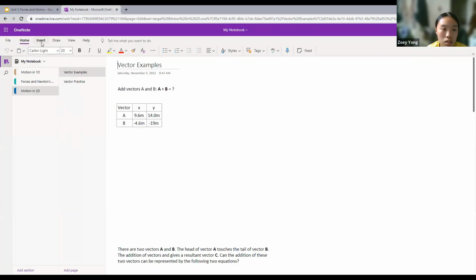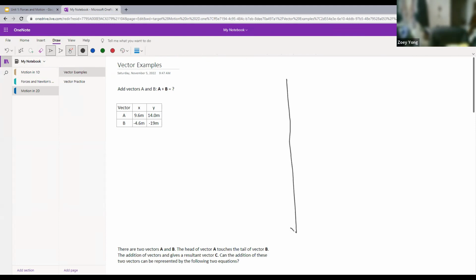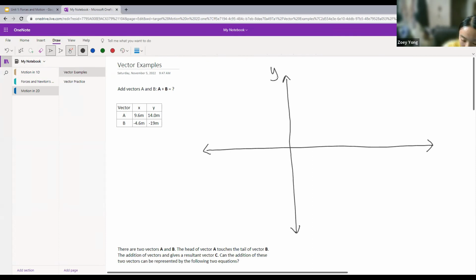Basically, it's just a lot of drawing your XY axis, right? You probably learned this before. If not, that's fine. It's just numbers on a line and seeing where they line up. This is the Y axis because it goes up and down, and this is the X axis because it goes right to left. For vector A, the X is 9.6 meters.